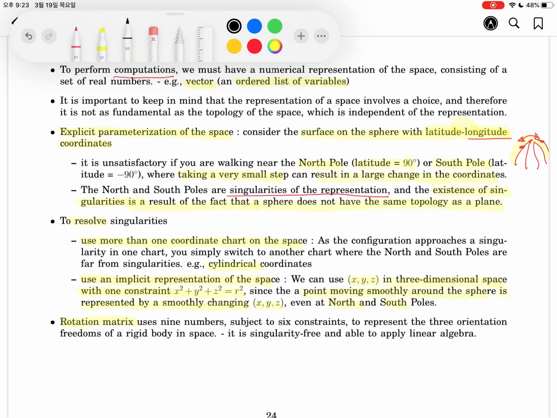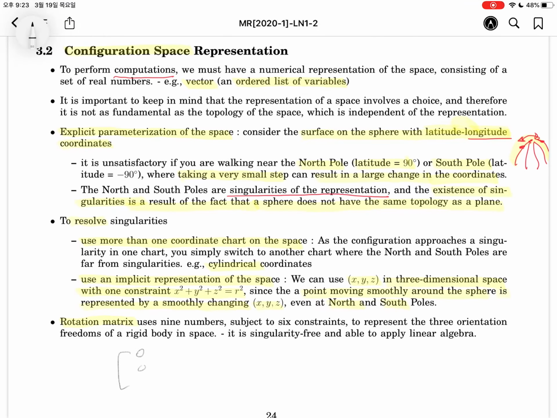Let's consider the rotation matrix. Maybe you know the rotation matrix has 9 variables. Is it right? 9 elements. Here, every column vector is normal. It means the magnitude of every column vector is 1. So we have 3 constraints. And one more, each column vector will be orthogonal.